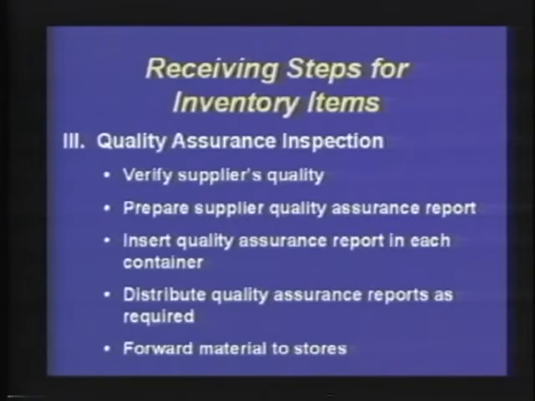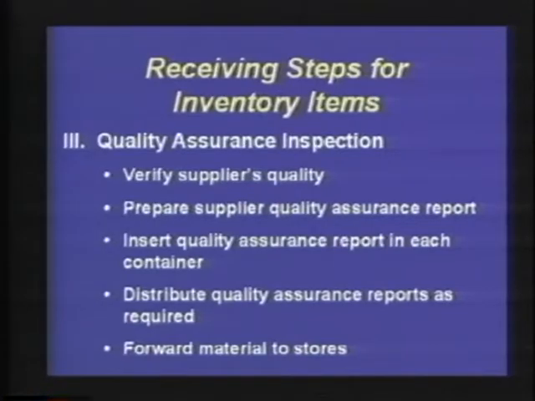And then turning to the next page, 14, the third step is the quality assurance or receive and inspection activity. Now here again, you may have separate documents that you may use for receive and inspection.